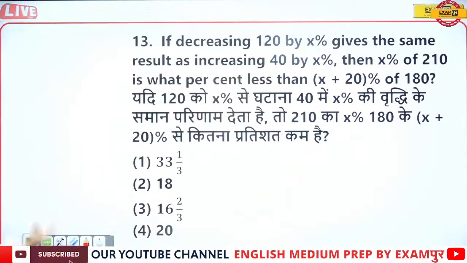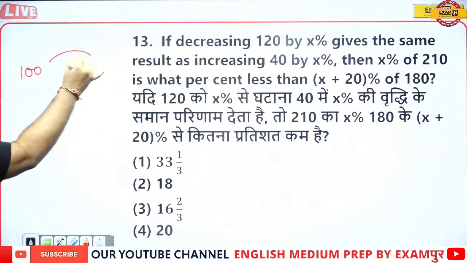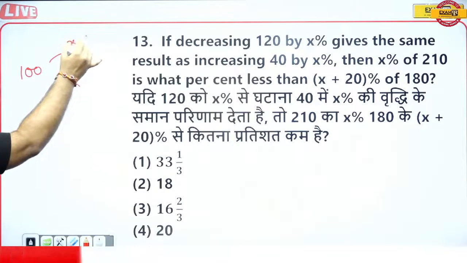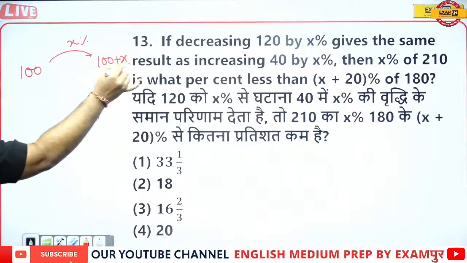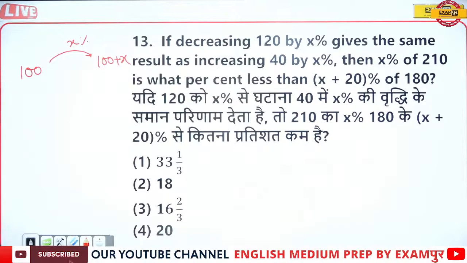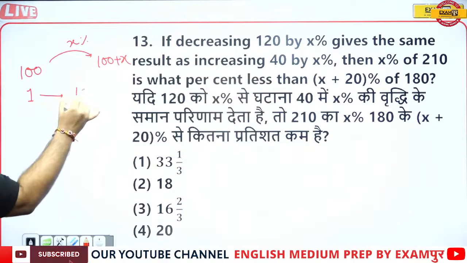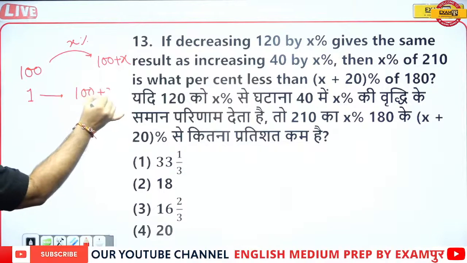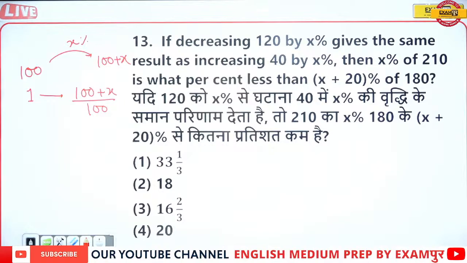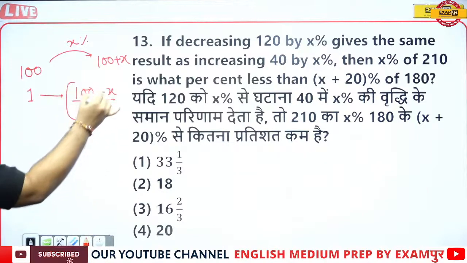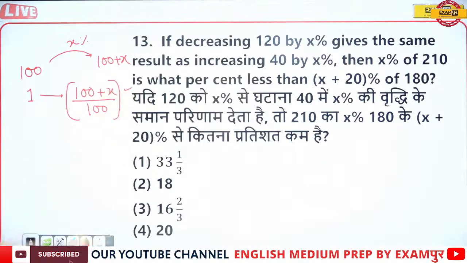How can you increase any number by x percent? When you increase 100 by x percent, it will become 100 plus x. So 1 will become 100 plus x over 100. So this is the way to increase the number by x percent.